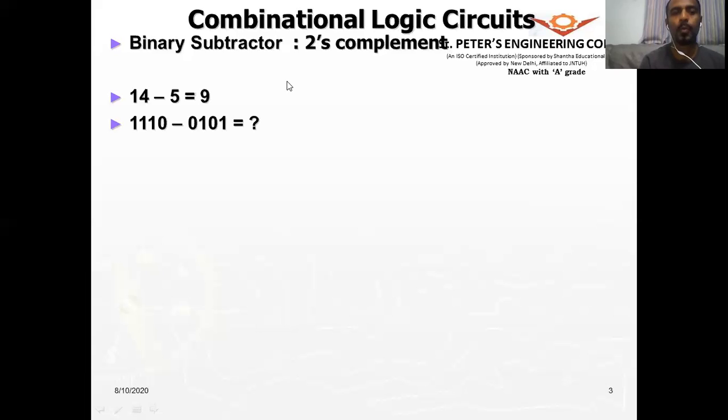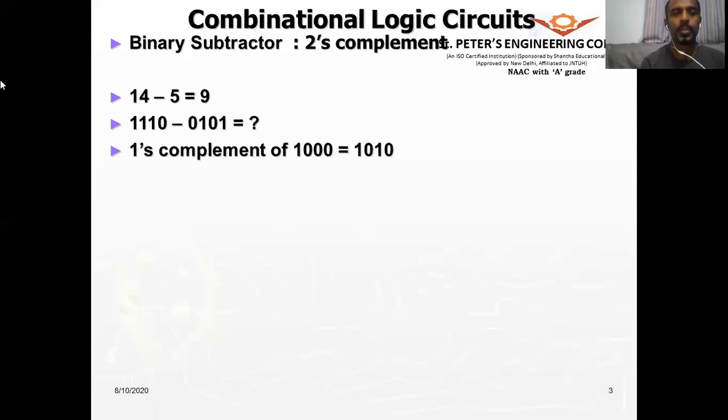How do you obtain a 1's complement of this binary number? The zeros will be replaced with 1 and 1 will be replaced with 0. That's all, right?